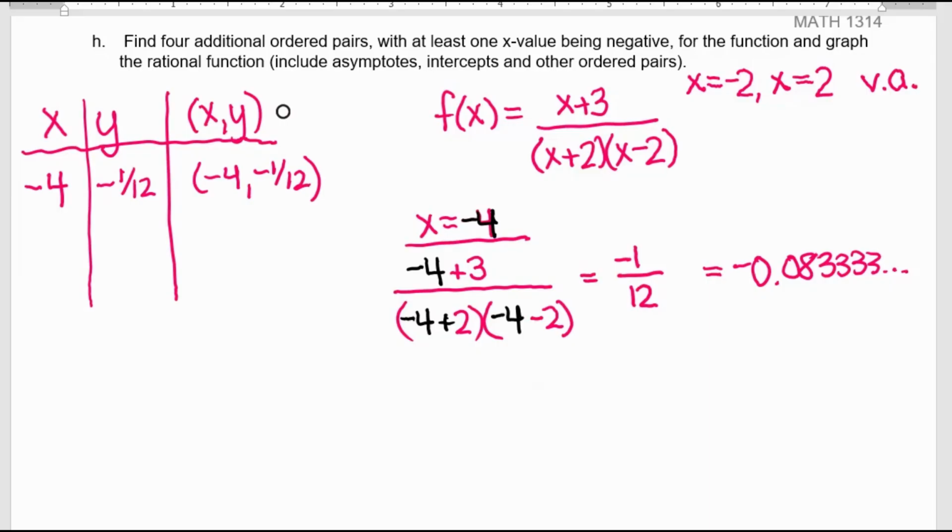Okay, so we got -4 as an x value, -3, -2 is our vertical asymptote, so let's do -1. Again, I'm going to show my work.